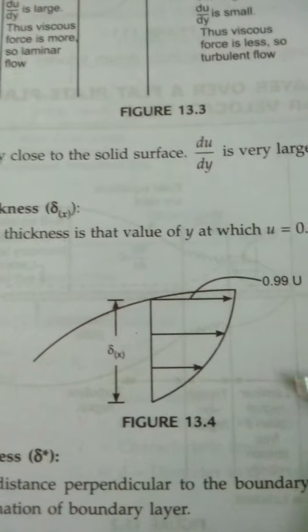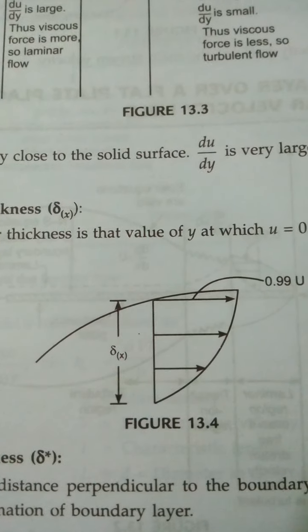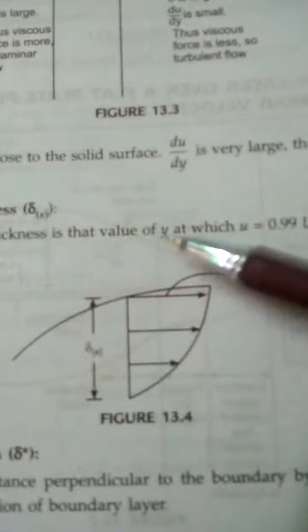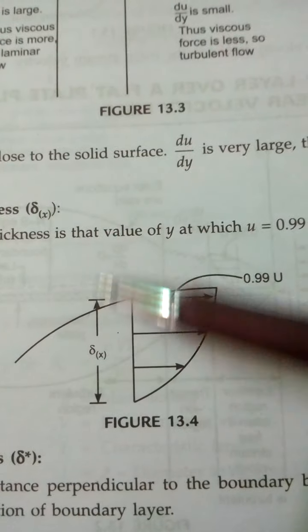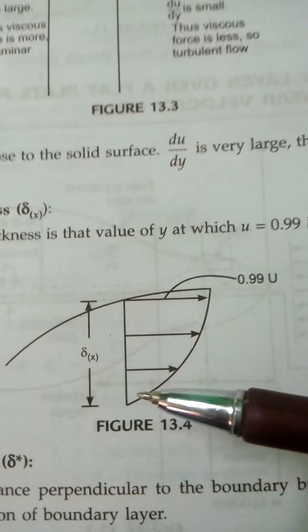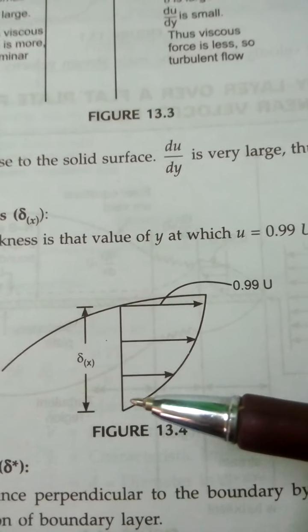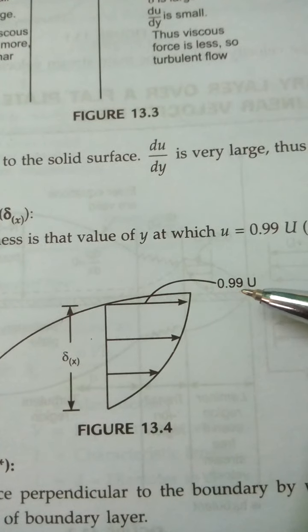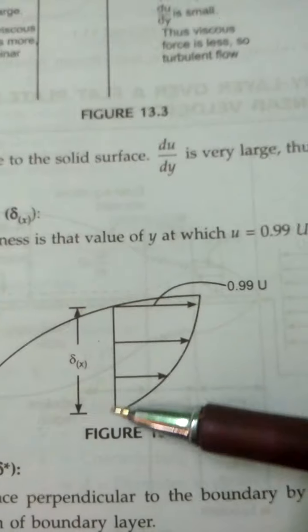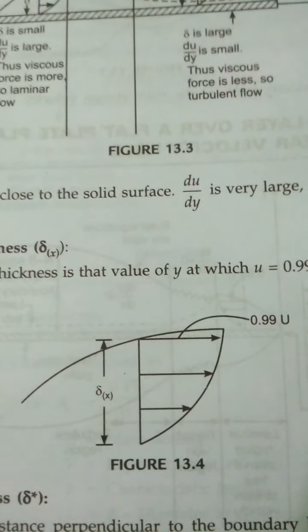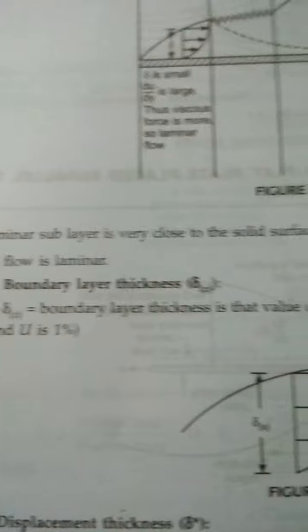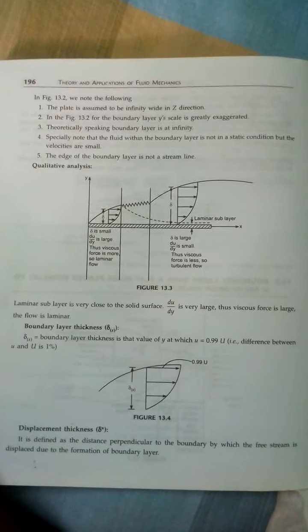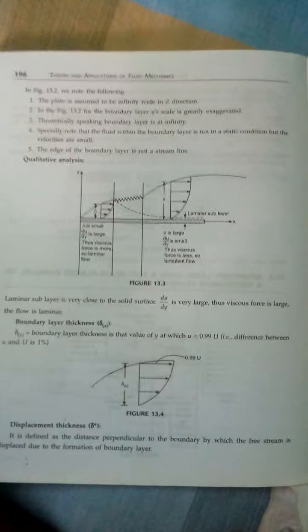Here there is a plate. This is the x direction, this is the y direction. In the z direction, the plate is infinitely long. So this is 0.99 U, and this is the boundary layer thickness. We will come to all the thicknesses related to the boundary layer later on.